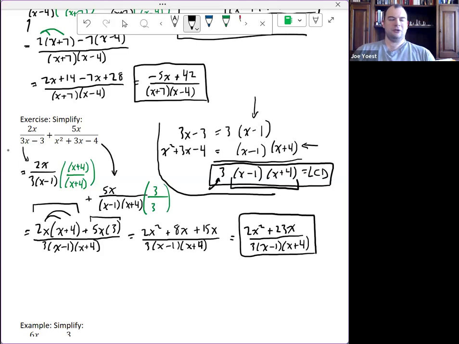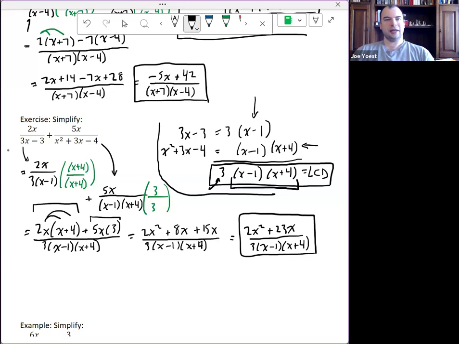Now, again, I've gotten all of my overall operations taken care of, so I've got this all under one rational expression, but I want to simplify this rational expression. So my numerator, I'm going to distribute out. I get 2x times x, 2x squared, plus 8x, and then plus 15x.